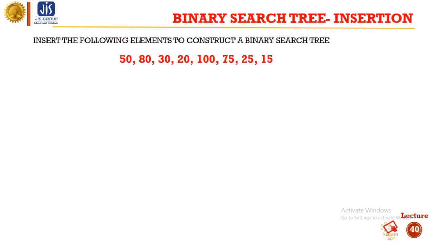The concept here is that for any element, we check from the root. Suppose we want to insert an element x into the binary search tree. The first condition is that there must be a root node.